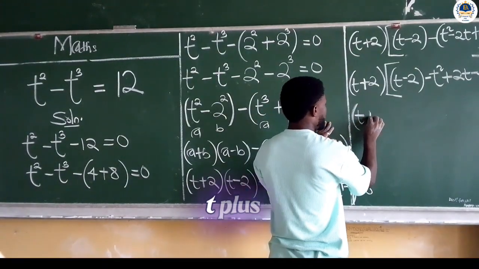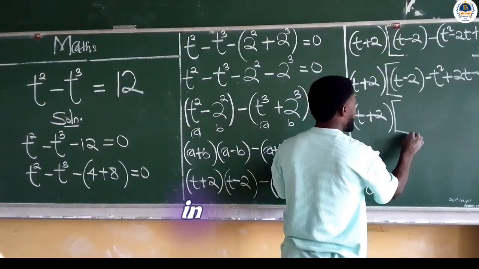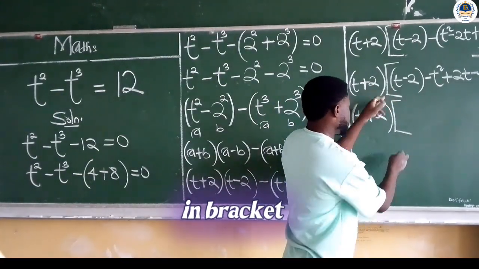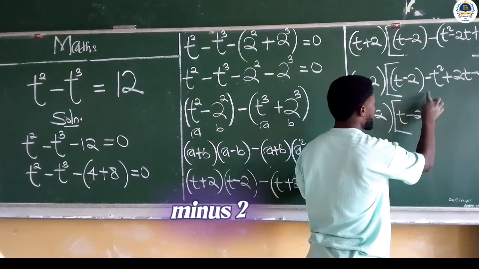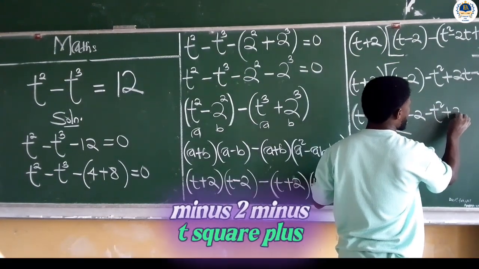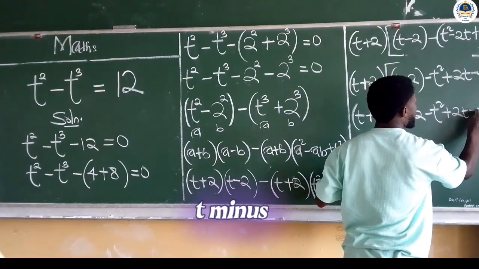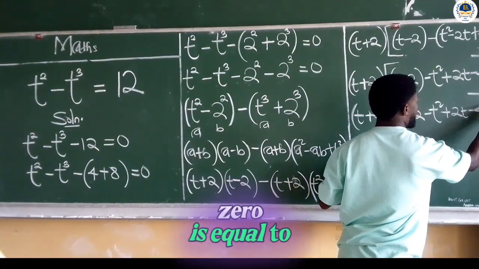t plus 2 in bracket t minus 2 minus t squared plus 2t minus 4 is equal to 0.